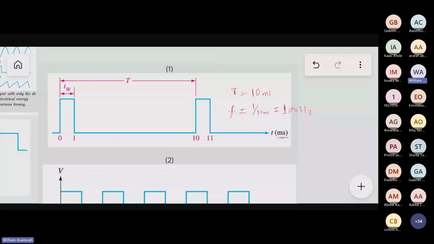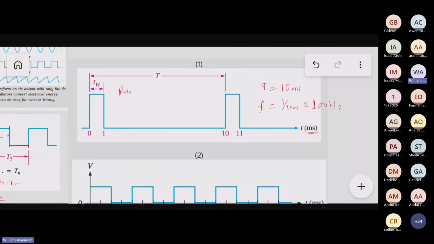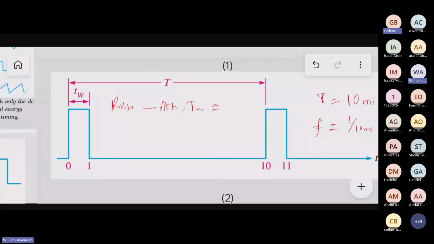Okay, great. Now, what will be the pulse width? You look at waveform 1. The pulse width will be 1 ms. Then duty cycle, D, will be equal to TW over T, which is 1 over 10.